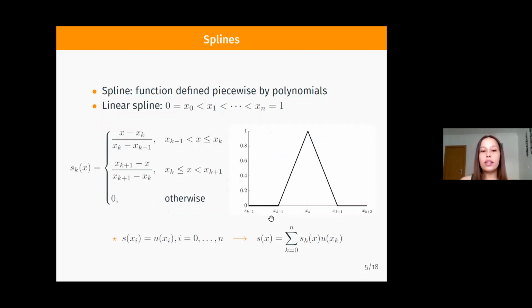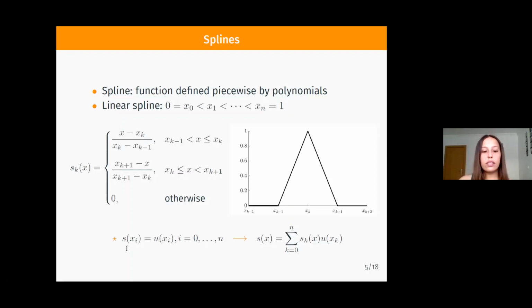Splines are a combination of piecewise polynomials of a certain degree. There is a well-known spline, the linear spline, that can be described as I have here. And if we consider a mesh, we have these B-splines, and each function is of degree 1. We can see that the values at the nodes are 1 if x is equal to x_k and 0 otherwise.